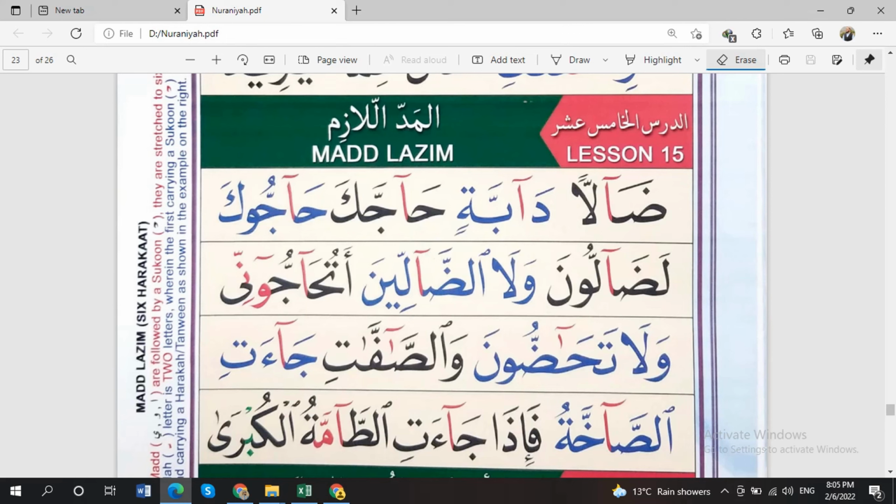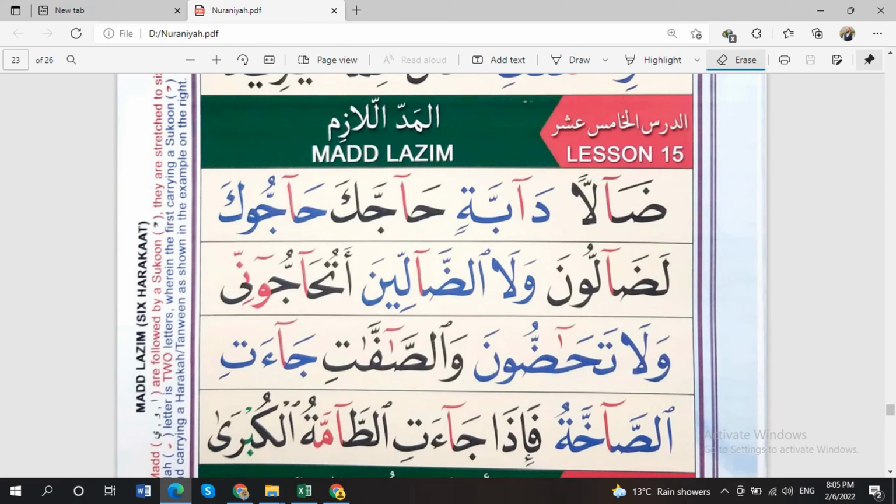So Maddah Lazim, whenever Maddah letters Alif, Waw and Ya are followed by sukoon sign, which we have just finished in our previous lesson. In simple words, you can say if sukoon sign comes after Maddah letters, Maddah Lazim must be done at Maddah letters.